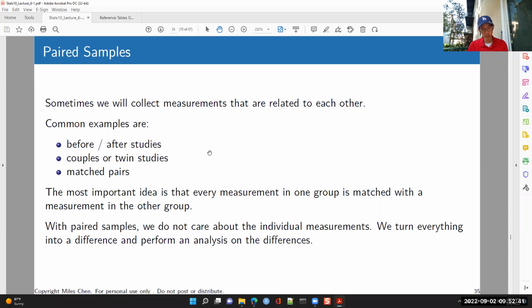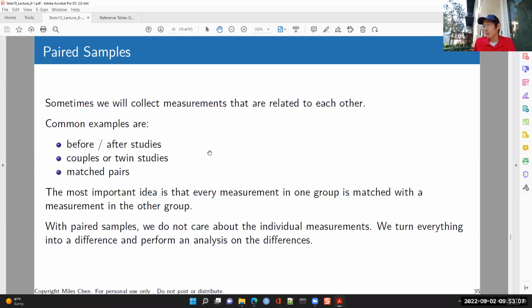Each person has a counterpart. And the key idea here is that you will compare one value with the other. Once you match these up, you'll just calculate a difference column. You don't treat them as two separate samples or two separate populations. You just treat it as one population, and you just calculate a difference.